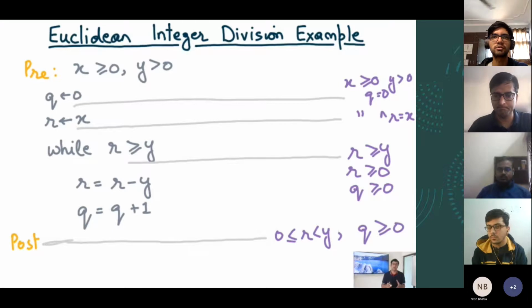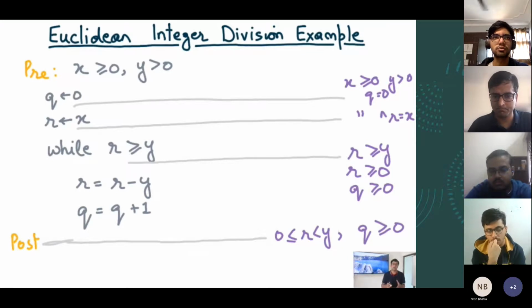R is greater than or equal to 0, it can be seen either from r greater than or equal to y and y greater than 0, or we can also see that if in the previous loop r was greater than or equal to y and we only decrease it by y, then r is clearly greater than or equal to 0. And we have q greater than or equal to 0 because at the first entry of the loop it is clearly true, and in each iteration we only increase it by 1.